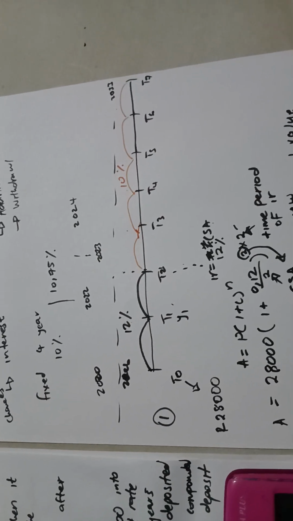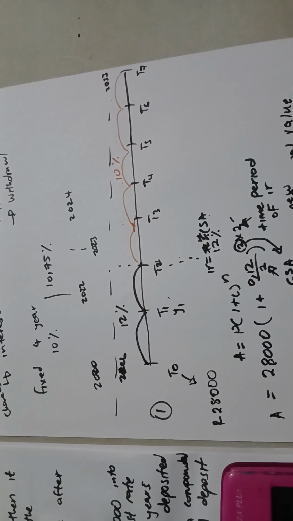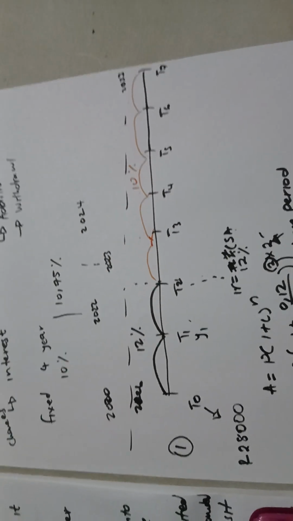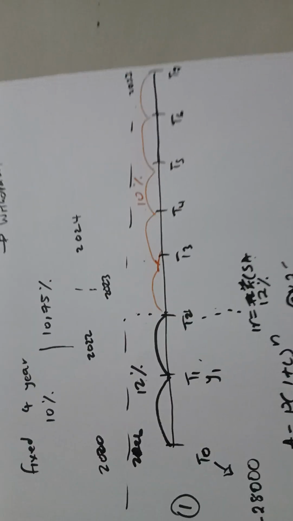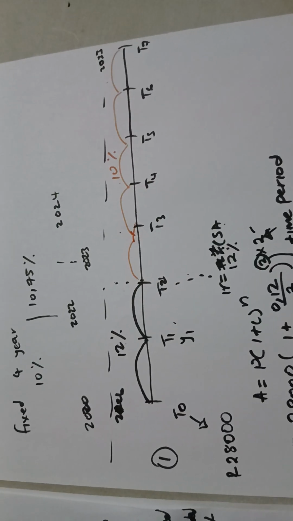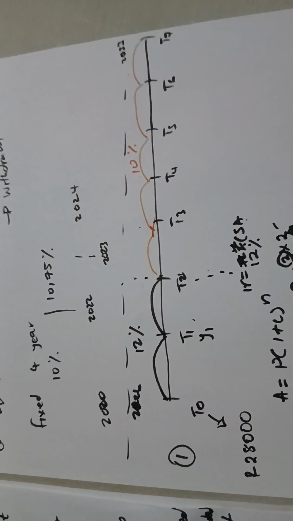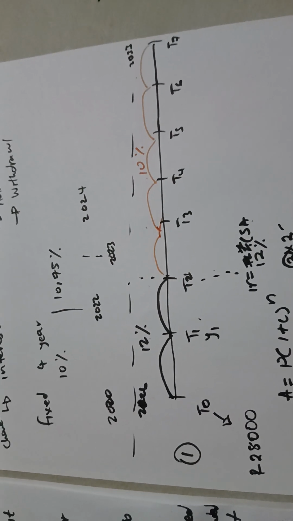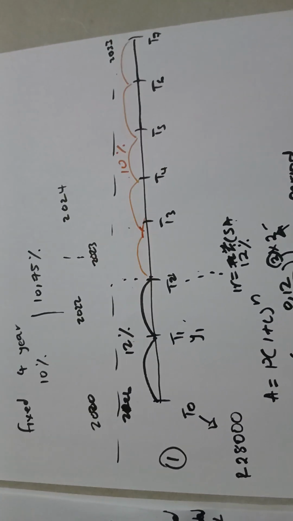So now, during the financial period of this agreement, to save this money for 7 years, in the first 2 years, the interest rate was 12% compounded monthly. Then after that, the interest rate changed. Remember, when the interest rate changes, it will affect the amount of money, the return on investment that this person who invested will be receiving.